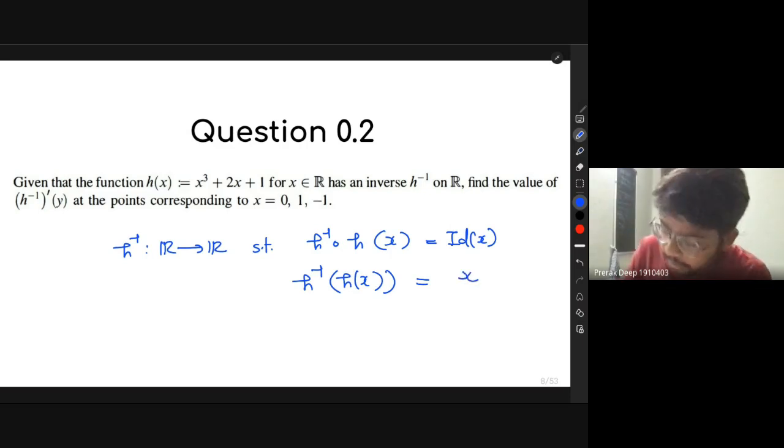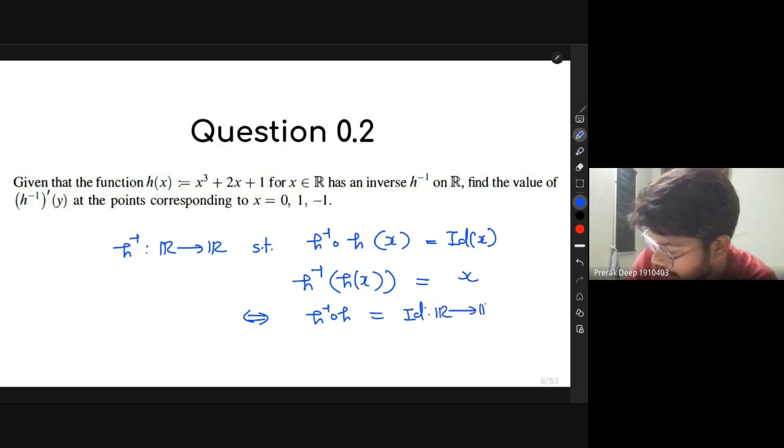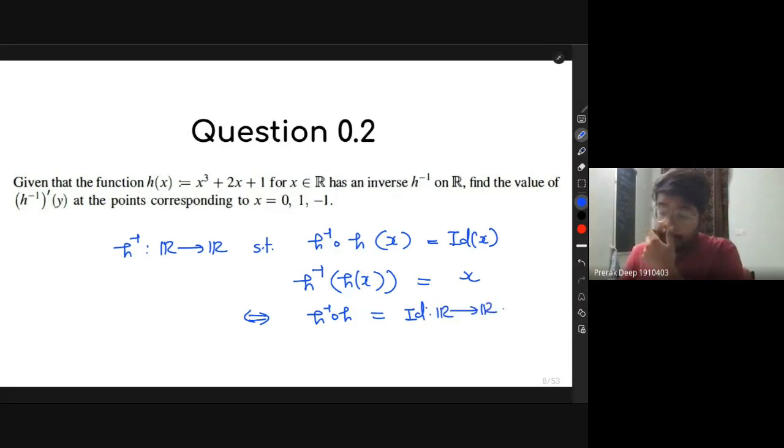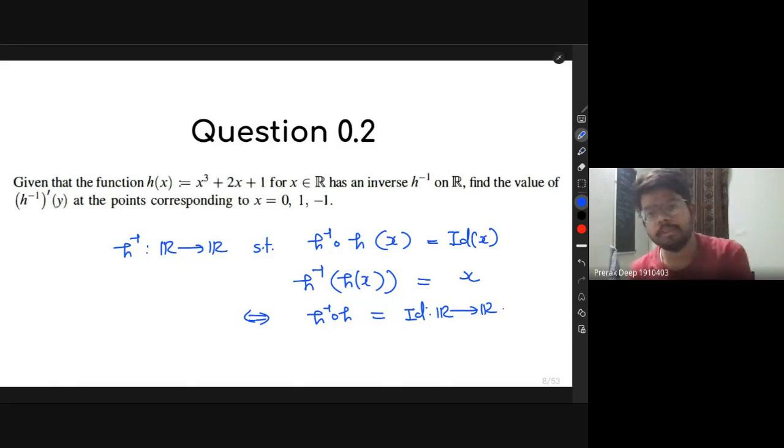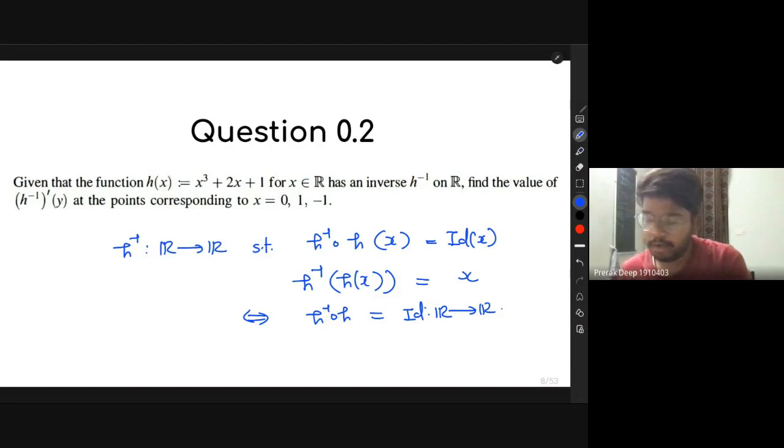Which is equivalent to saying that h inverse composed with h is equal to the identity function on R. And vice versa. It doesn't matter where you compose it. If you precompose this h inverse with h, you will again get the identity map. That's the definition of h inverse.